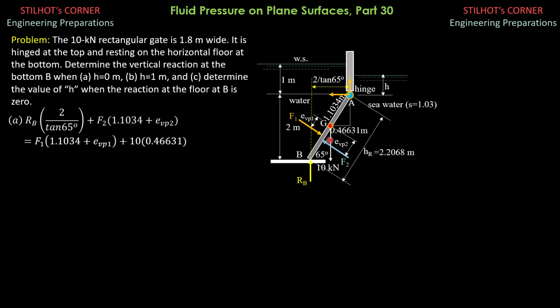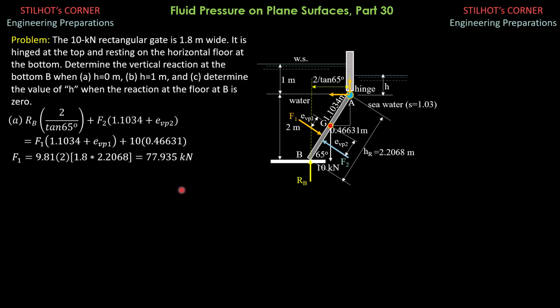It is only F2 that changes because H changes. So F1, likewise EVP1 is also constant. So F1 is 9.81 times 2, then area 1.8 times 2.2068. So it is 77.935 kilonewtons. As I said, that is fixed in value.